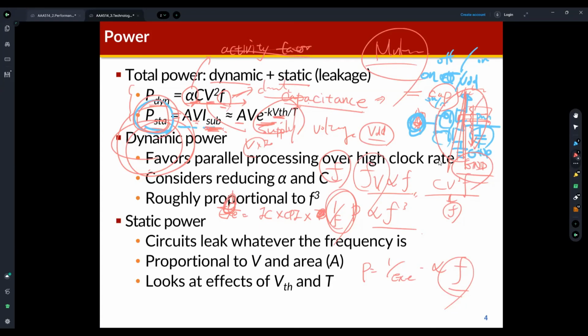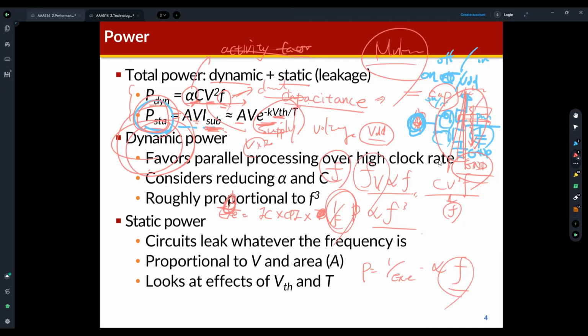Recently, the static power is very large. I said it's around 40 to more than 50% of the entire power consumption, because the transistor size becomes very small, so we cannot entirely turn off the PMOS or NMOS transistors. That's why the leakage current is very large recently.